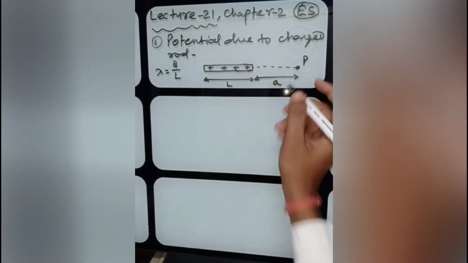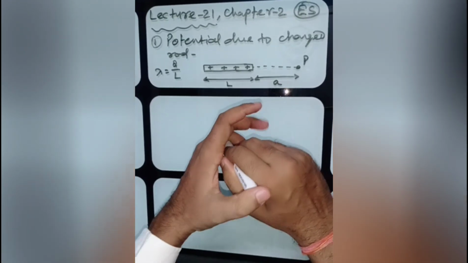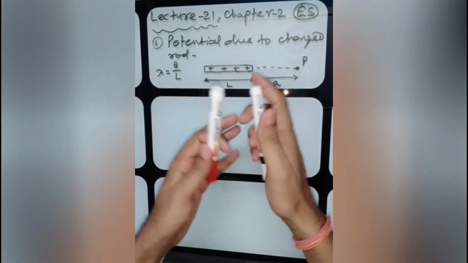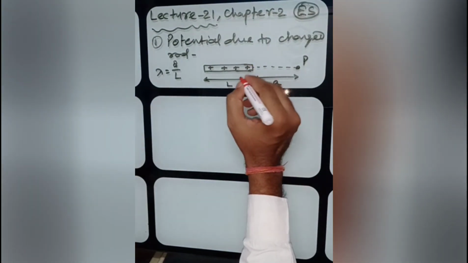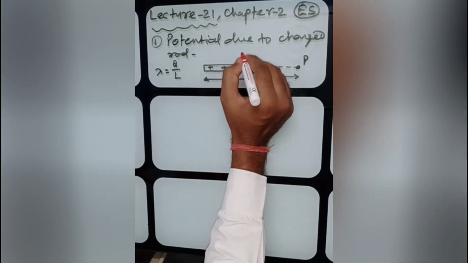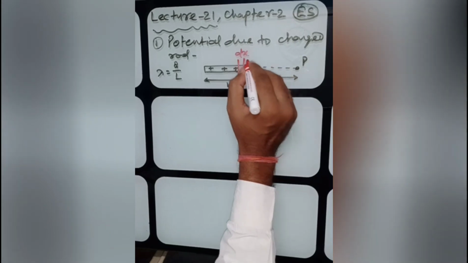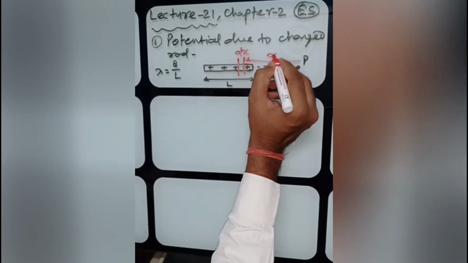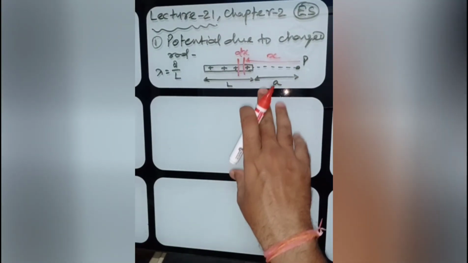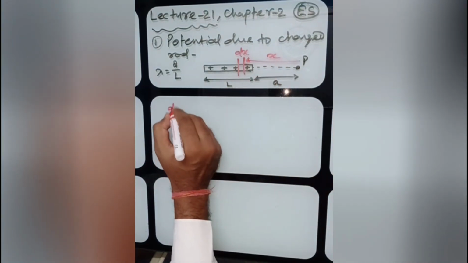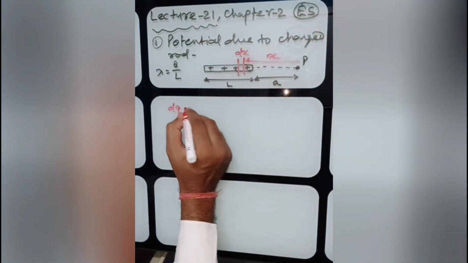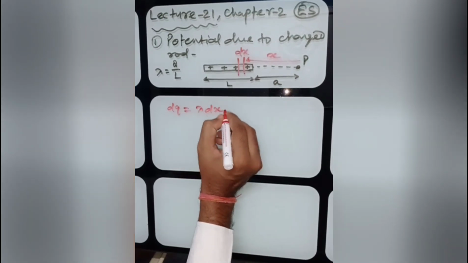What have we done, my dear students? We took an elemental section of this rod, of length dx, which is at x distance. We can find the charge of this elemental length as lambda dx.